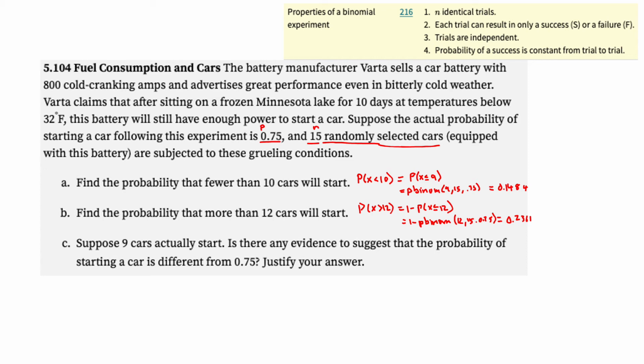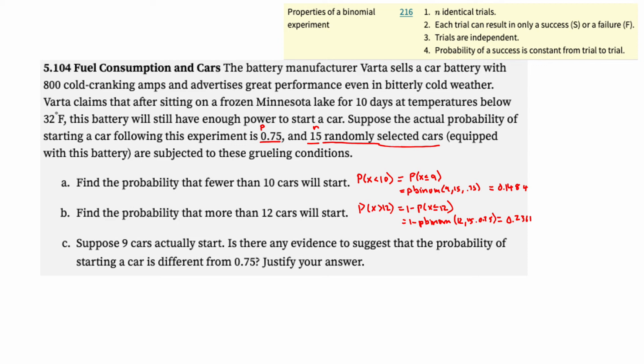What we're looking to do is take an event that allegedly occurs and assess whether or not we believe the parameters of this binomial distribution because of its rarity. If we think that these cars start approximately 75% of the time, and we are able to sample an experiment very easily where all 15 of them start, then we would be a little bit skeptical about this probability and say that something about this experiment is not quite right.